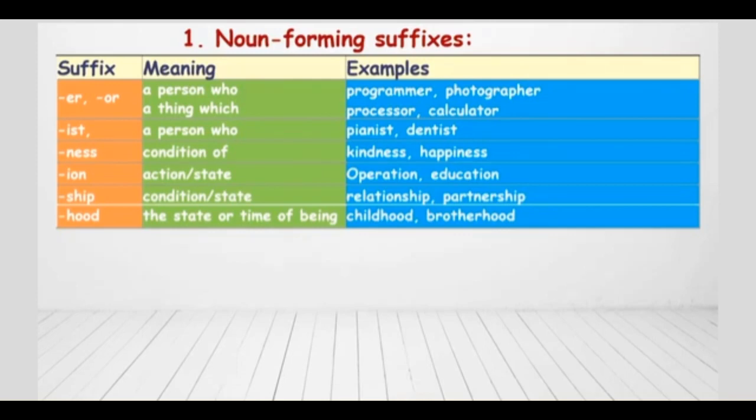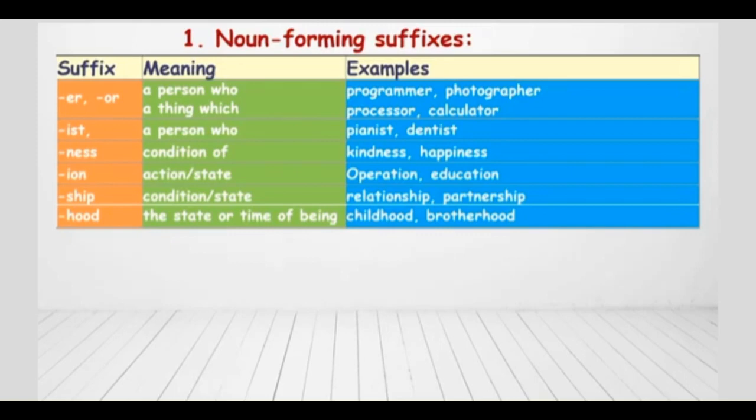The first two suffixes are ER and OR. The meaning, a person who does something, or a thing which does something. Examples: programmer, photographer, processor, calculator.